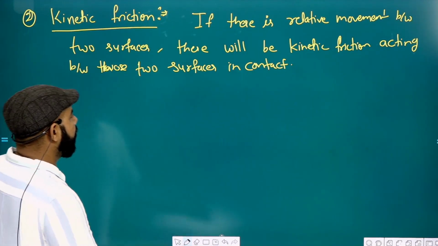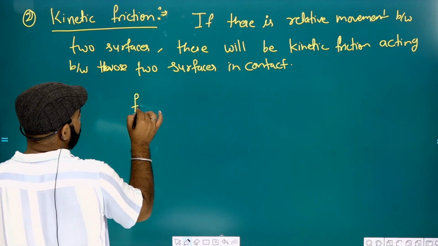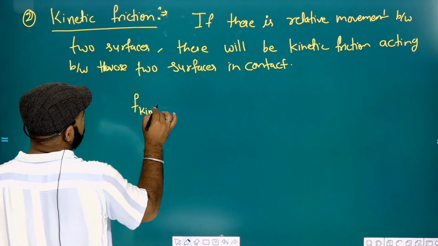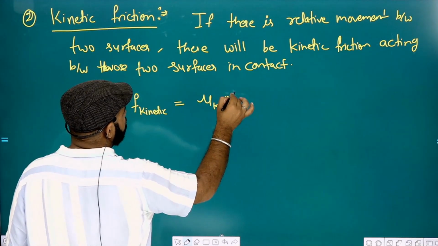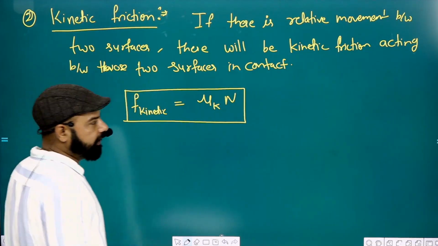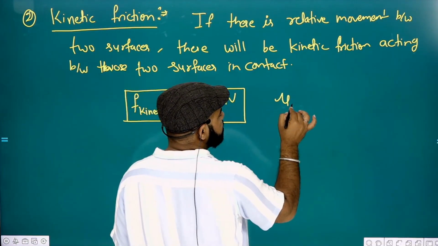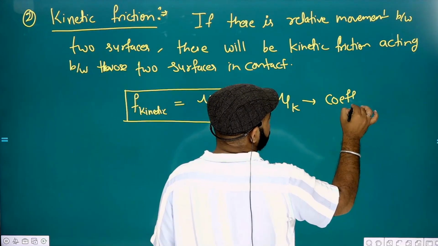Right? And its value will be simply mu k into N. Mu k times the normal reaction acting between them, and this mu k is called the coefficient of kinetic friction.